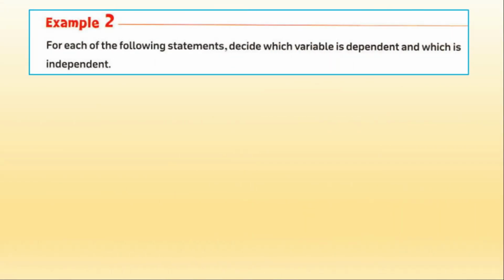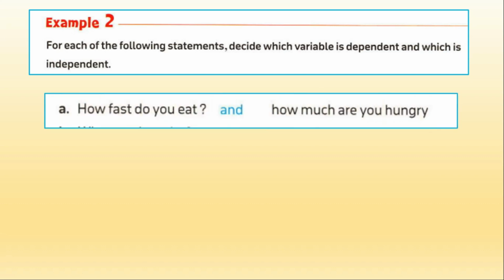Another example: for each of the following statements, decide which variable is dependent and which is independent. Here you have two actions: how fast do you eat and how hungry are you. I won't ask you which is dependent and independent; I will first ask which of these actions happens first. How fast do you eat or how hungry are you? Of course, at first you may be hungry.